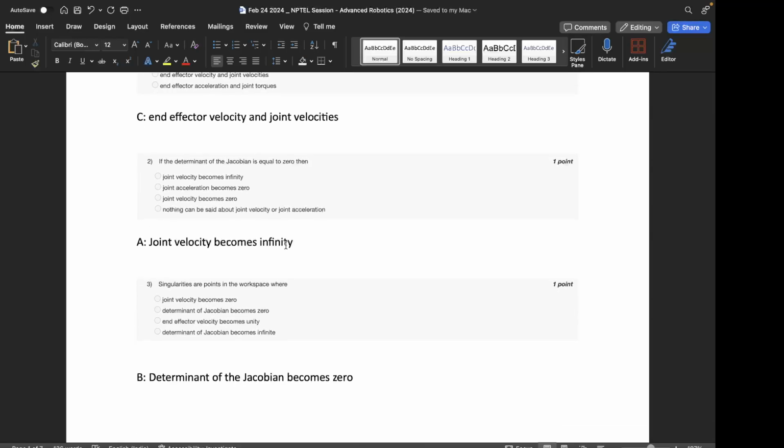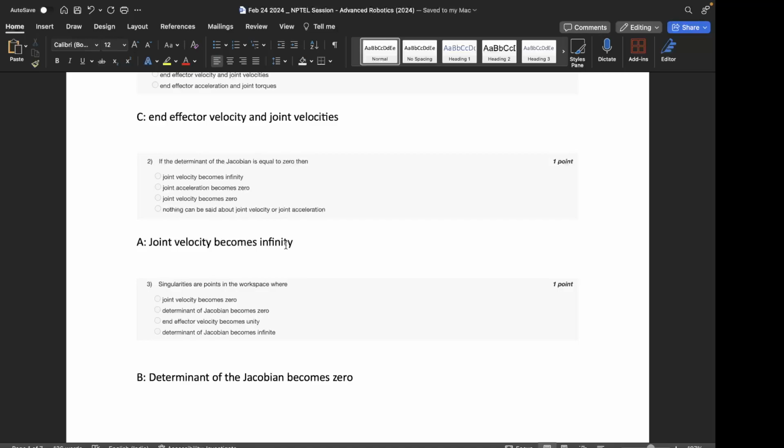And the next question pertains to the same concept about singularities. Singularities are points in the workspace where the determinant of the Jacobian becomes zero. So again, that's the point which I explained right now. For any manipulator or multi-body system, we can find the Jacobian matrix, find the expression of each of the terms, then calculate the determinant and find the configuration of the manipulator at which we attain the singularity.